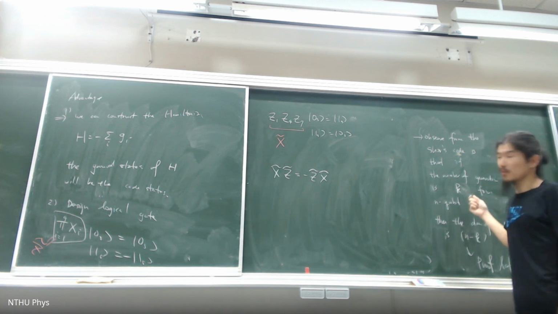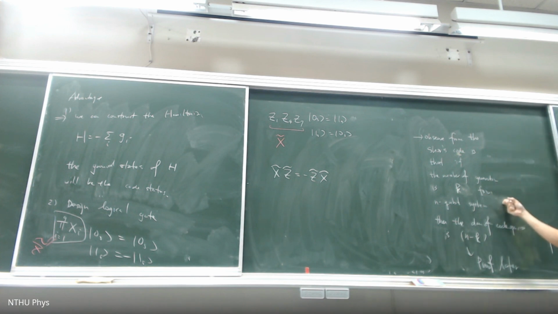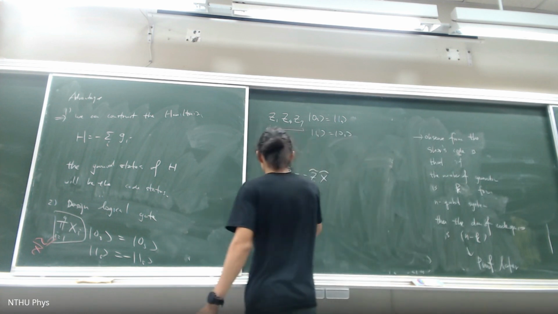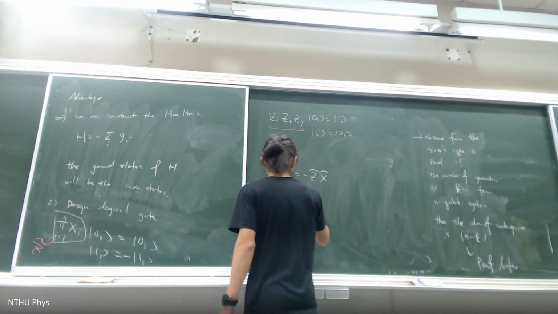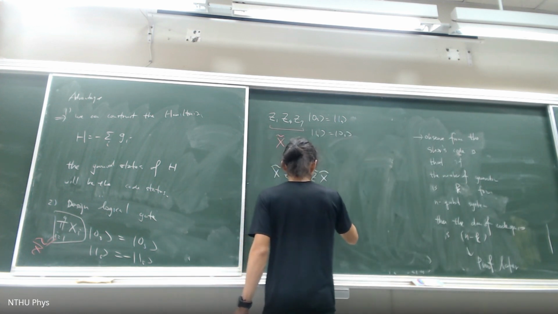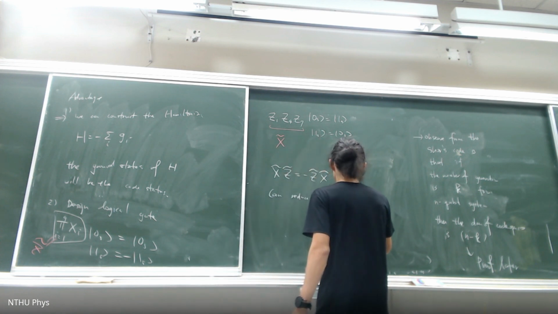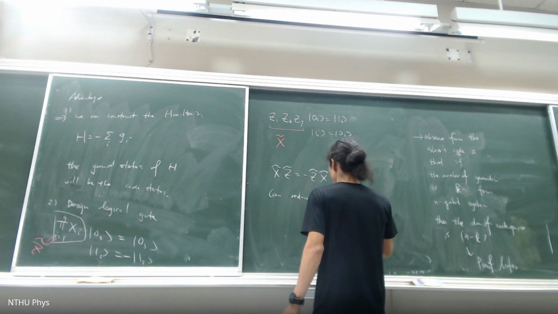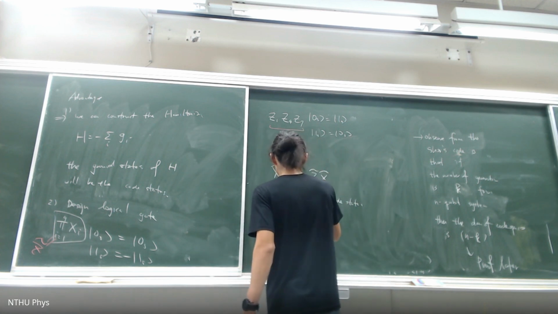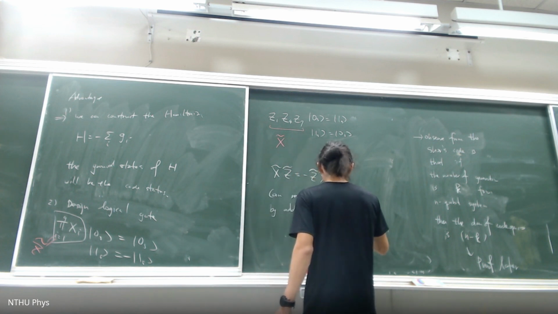So we can also see this kind of condition also holds. So we can reduce the code state by adding one more generator or stabilizer.